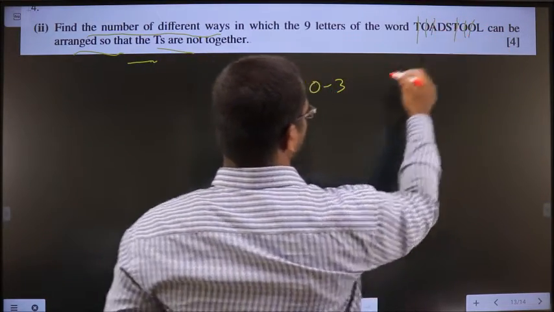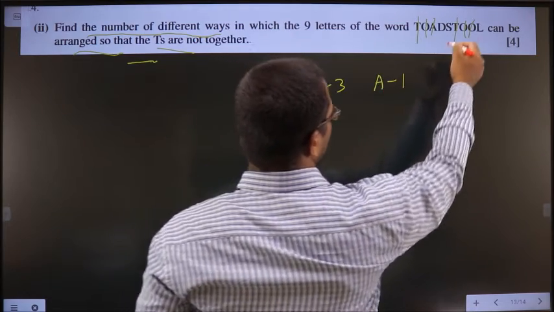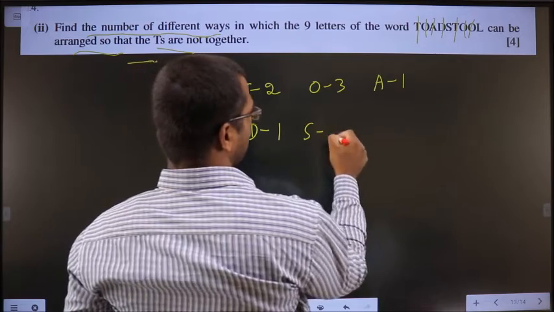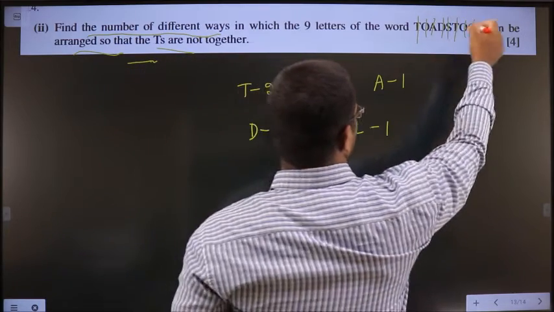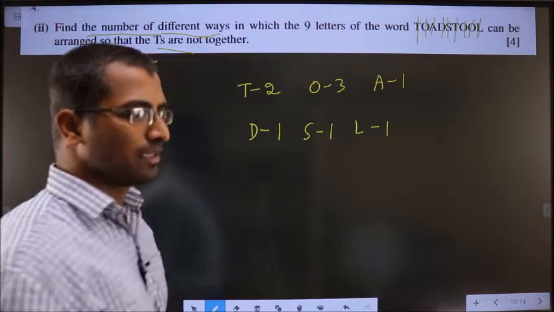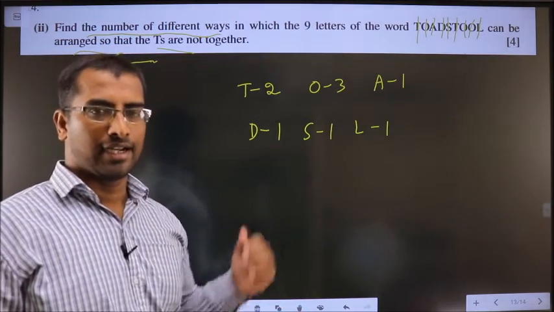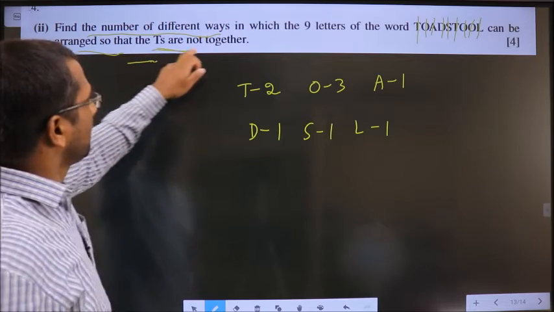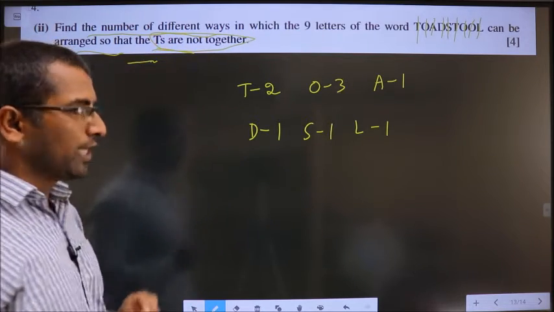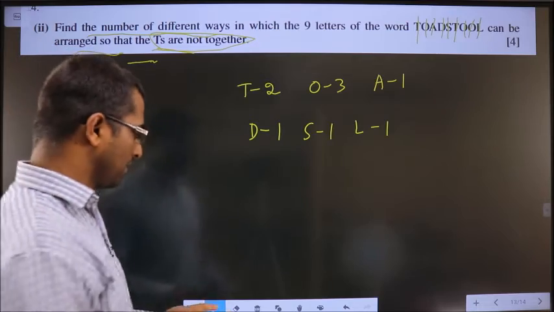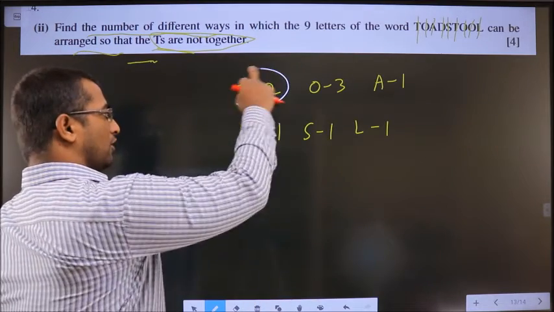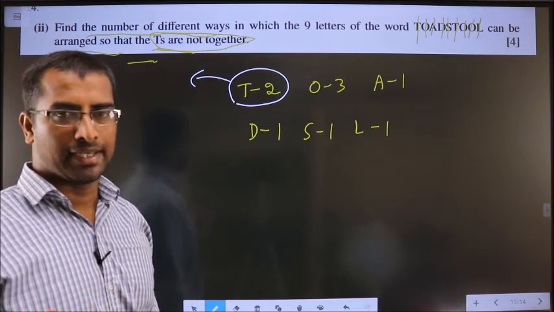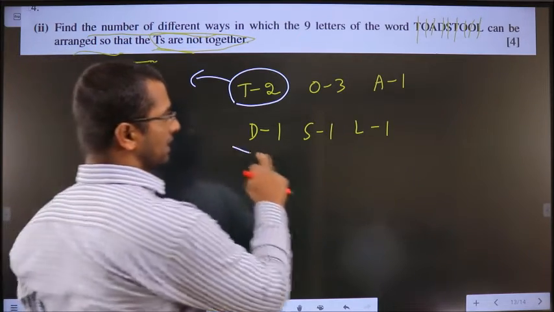A is present once. D is present once, S is once, L is also once. Whenever a word is given, write like this first. Now, the T's should not be together. Whatever should not be together, leave it aside and arrange the remaining letters.